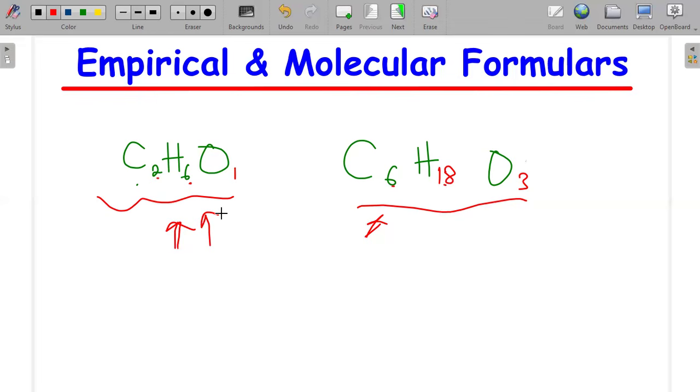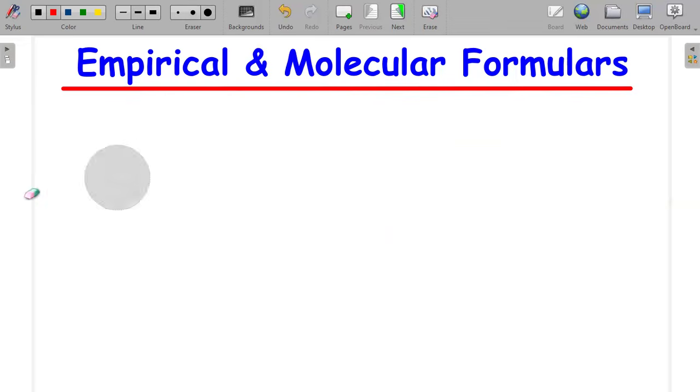Now, when it comes to finding these empirical formulas, we always follow about, is it 5 or 4 steps? Let's say we want to find the empirical formula that contains elements A, B, and C. The first thing is to write the elements that are in that compound.